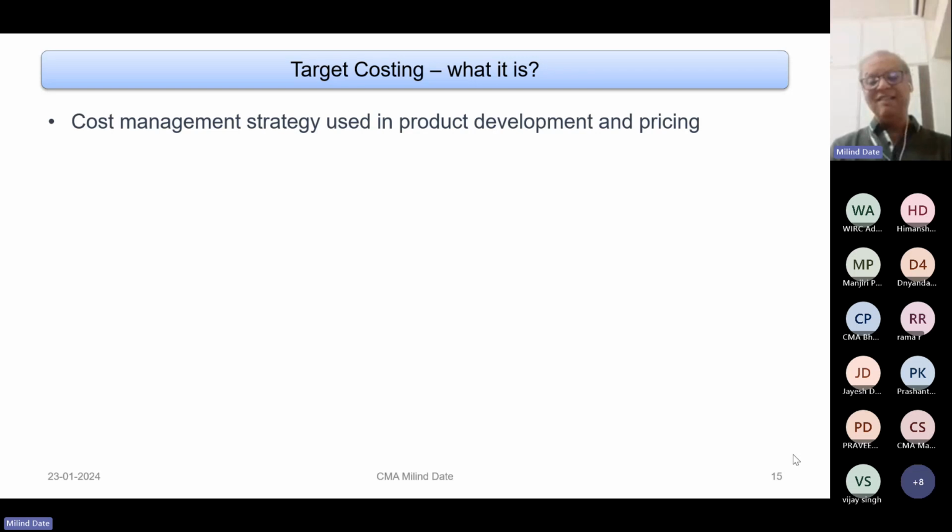But as I said, how many companies have the liberty of charging the price that they want, especially in the consumer market? Well, if it's a suppliers market, if it's a monopoly, then the companies have liberty of charging any price which they want.